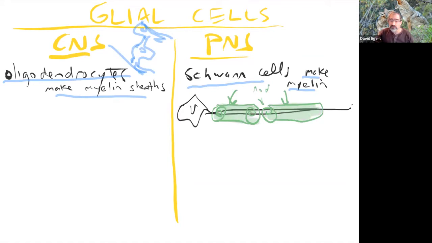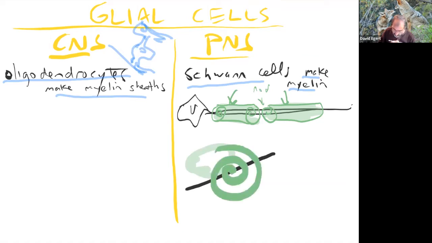So basically imagine a jellyfish came up to this and just started spiraling around and enveloping it in layer after layer after layer of membrane. That's what the myelin sheath is. It's just the specialized membrane of the Schwann cell. In fact, if we do a cross section of this thing, it's going to look kind of like this.